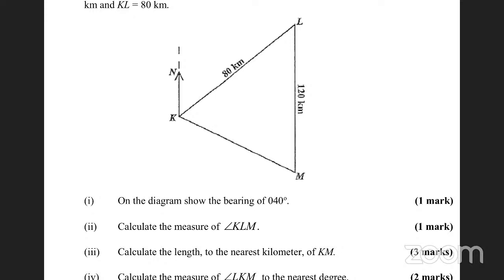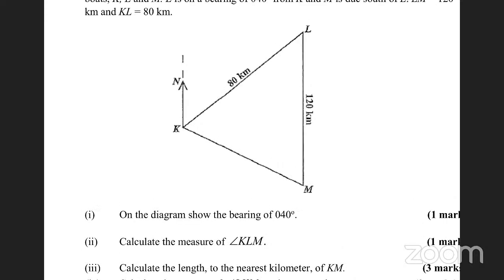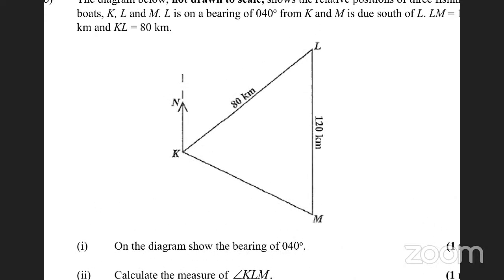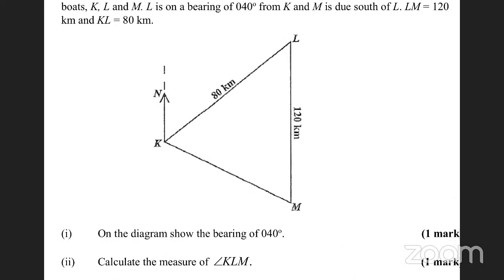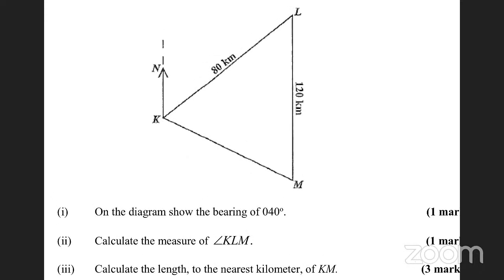All right, so let's see if the diagram is correct. Right, everything else there? Good. So here's what they want us to get. They told us that the bearing of L from K is 40. So you're starting at north and you're going this way. So here is 40 degrees. Then they said M is due south of L. So what does that mean?